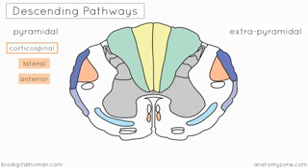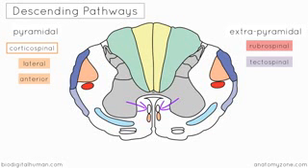So just to cover some of the extrapyramidal tracts, you've got the rubrospinal tract, which I've highlighted in red. So this originates in the red nucleus of the midbrain tegmentum and is responsible for limb flexors. And then you've got the tectospinal tract, which I've highlighted in light purple here. So it's seen here kind of intermingled with the medial longitudinal fasciculus.